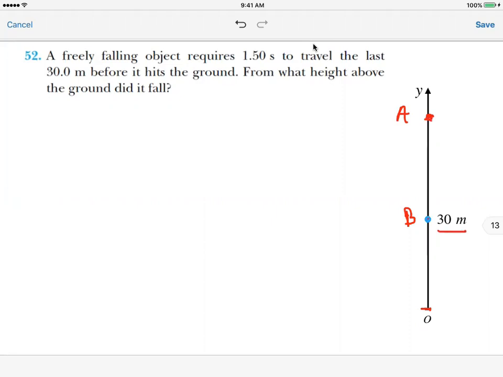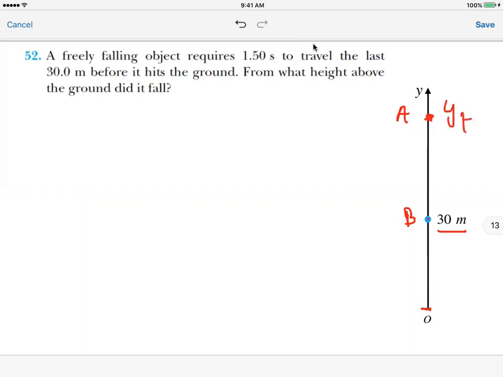And from point B to point O, it takes the object 1.5 seconds to arrive. So what we need to determine is what height above the ground did it fall. So we need to determine the value of YA.